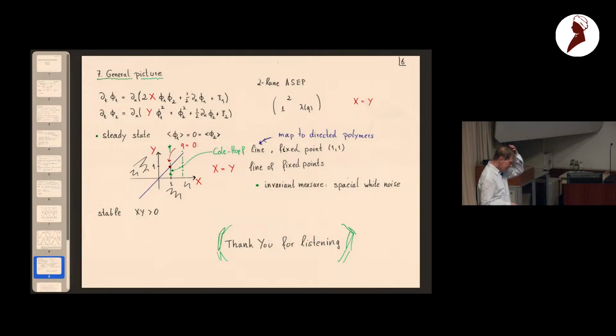Now, why is this almost expected? The reason is that when I take x equal to y, it's a very special case. Namely, when I'm somewhere on this diagonal, then for the continuum equations, the invariant measure is uncorrelated spatial white noise, right?